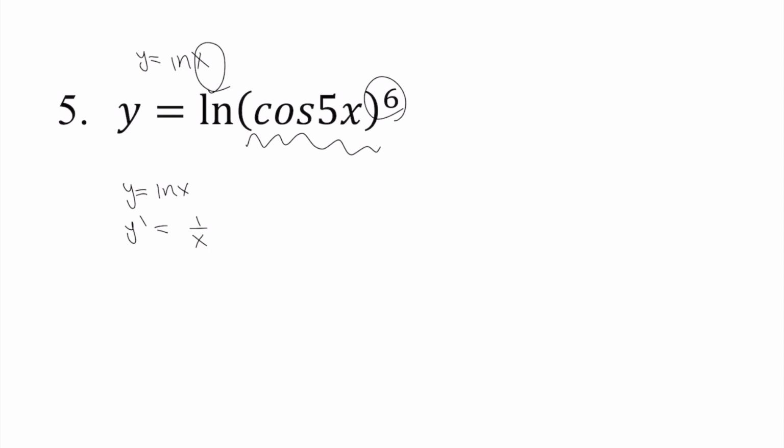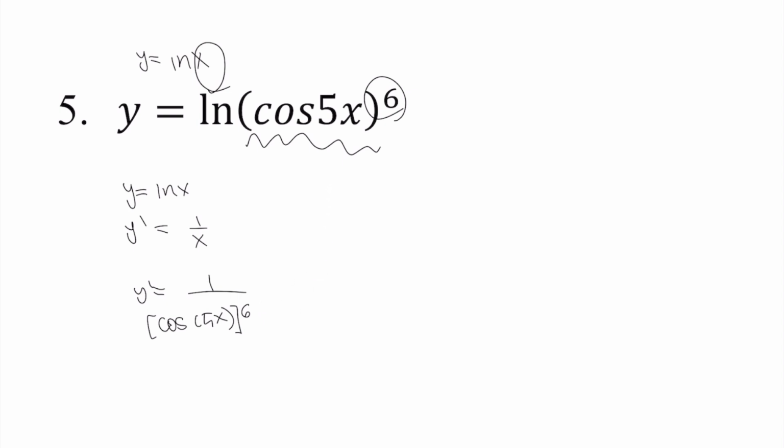If not, I think you'll probably learn later, but that's fine. So this is how it goes, but then y prime equals 1 over x, which is here. So cosine 5x to the power of 6. So that is, well, before chain rule.